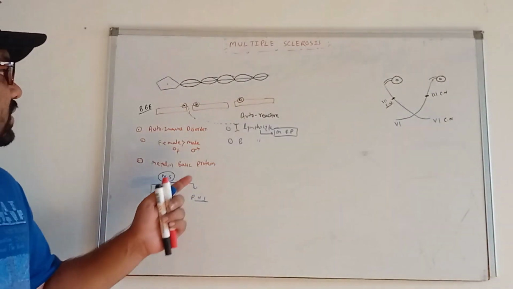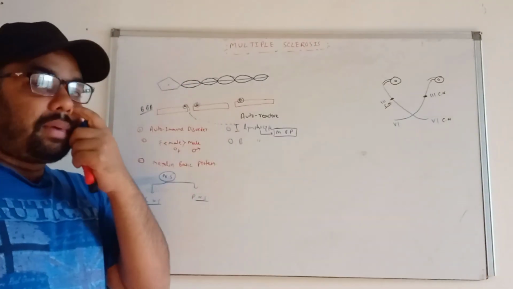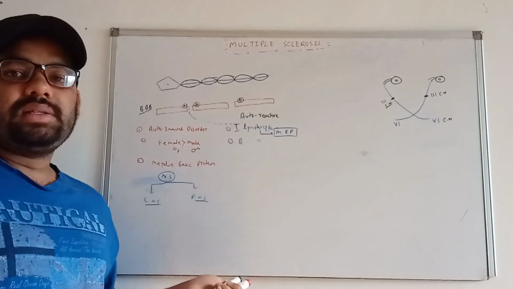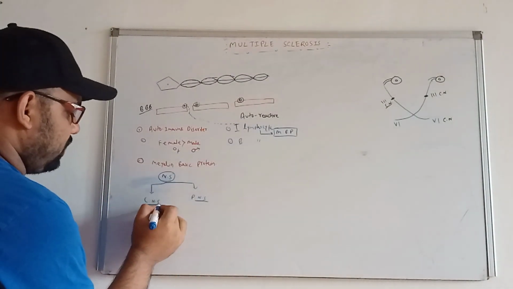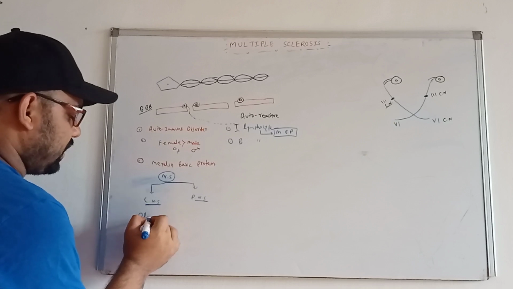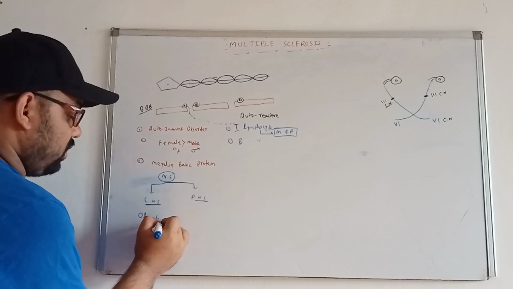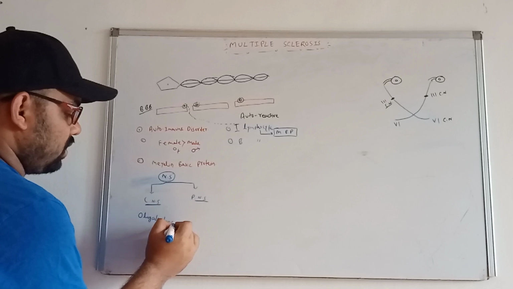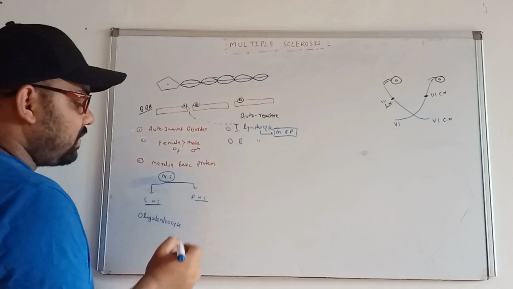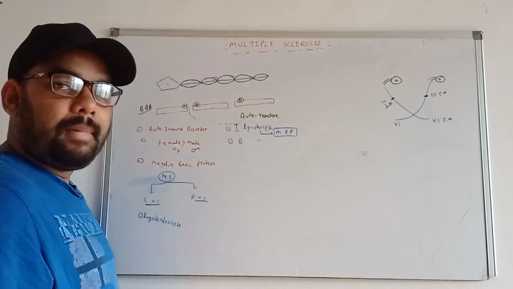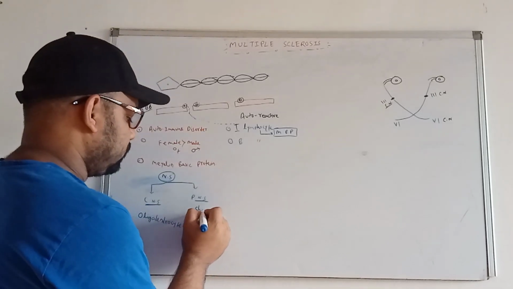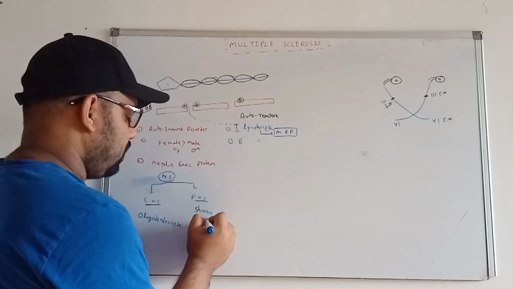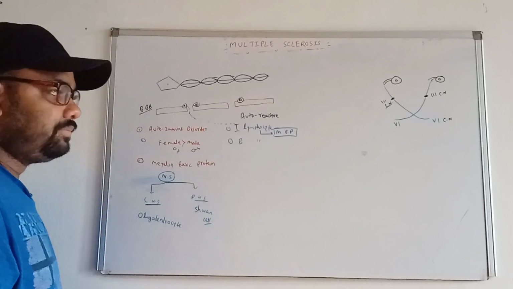Now in the central nervous system, the myelin is formed by what kind of cells? That will be the oligodendrocyte. And within the peripheral nervous system, the same myelin is formed by what? Schwann cell, right?